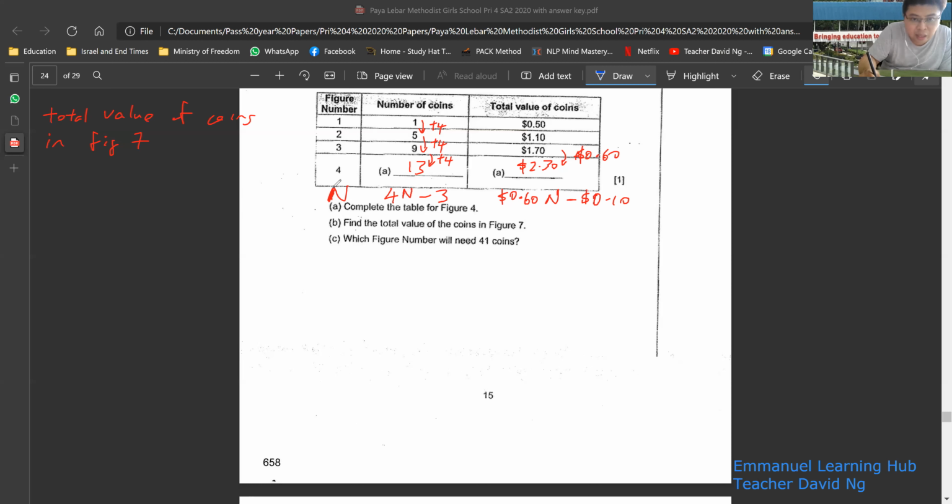Okay, so I use a letter to denote the figure number, which is n. If n is 7, figure 7 means n is 7, right?